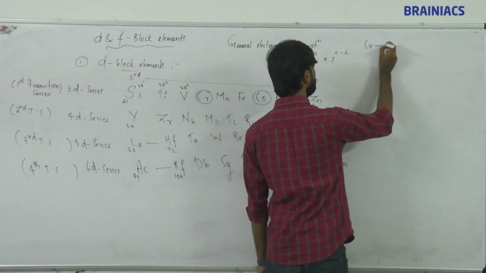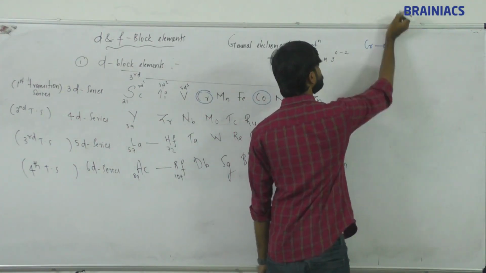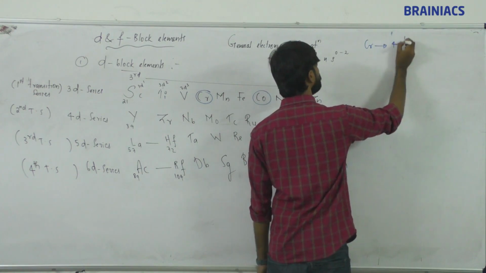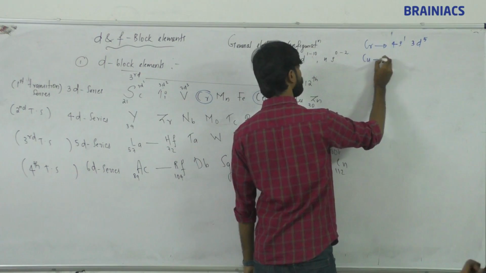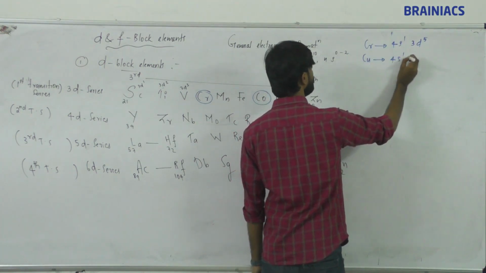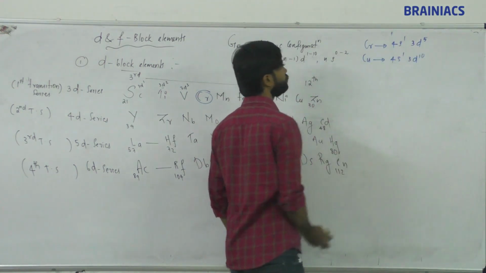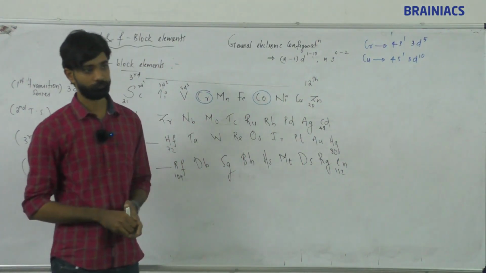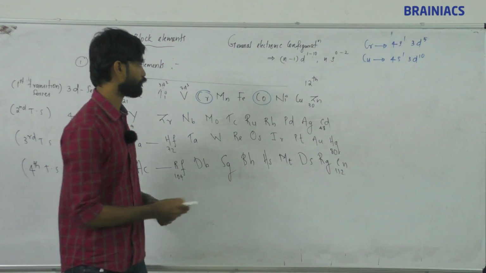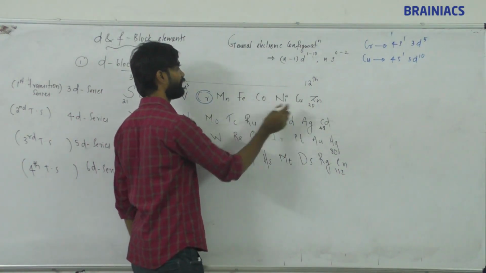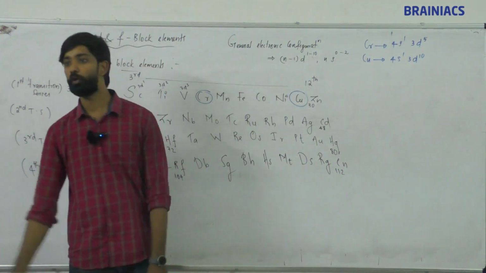So chromium, what is the configuration? 4s1 3d5. For copper, the real configuration is 4s1 3d10. Oh, sorry.